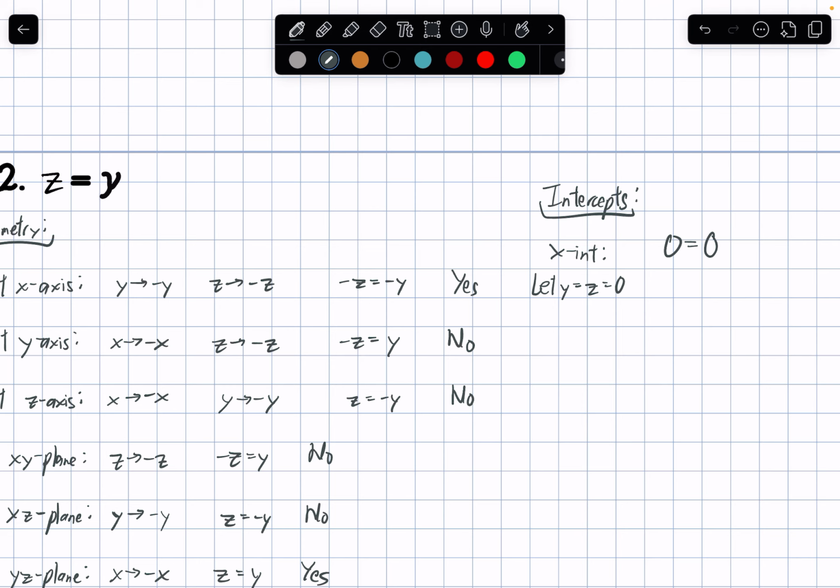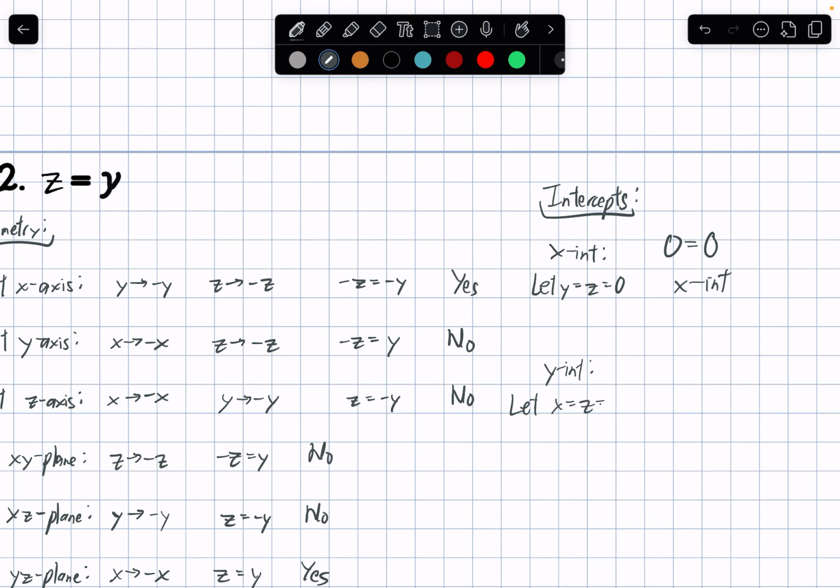What's this supposed to mean? So if you end up with something like this, although yes, it's true that 0 is equal to 0, when you see something like this specifically, it means that this intercept does not exist, or there is none. There is no x-intercept. That's what it thinks, but later, there actually is. We'll show that later.